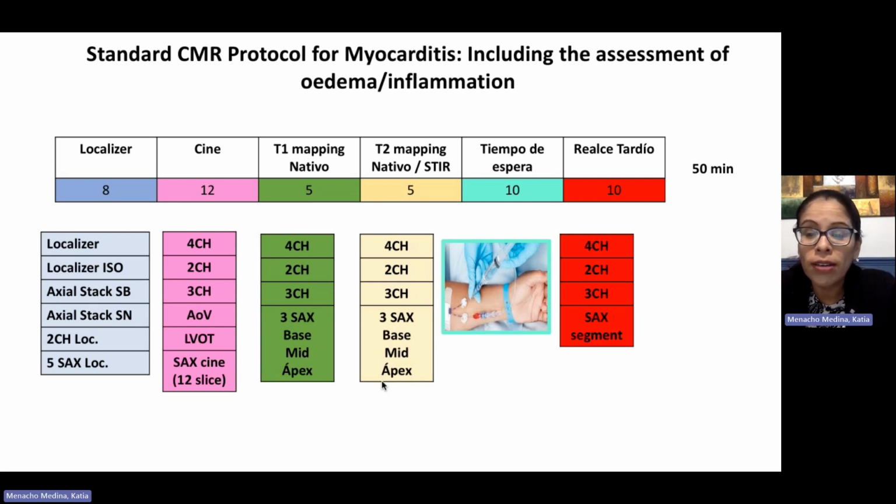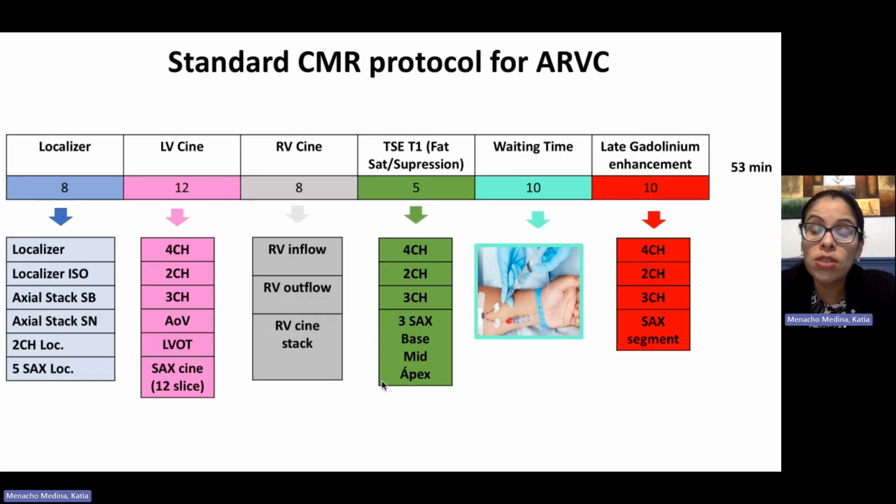We need to also include additional minutes for that. Once we do all these pre-contrast sequences with CMR and mapping, we inject the contrast. We need to have a waiting time, and then we go to the late gadolinium sequences. So in total, we are talking about also a 50-minute sequence.